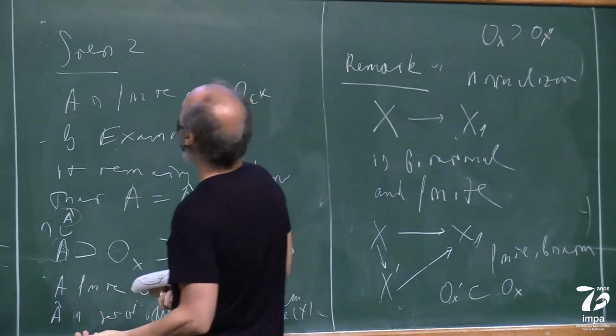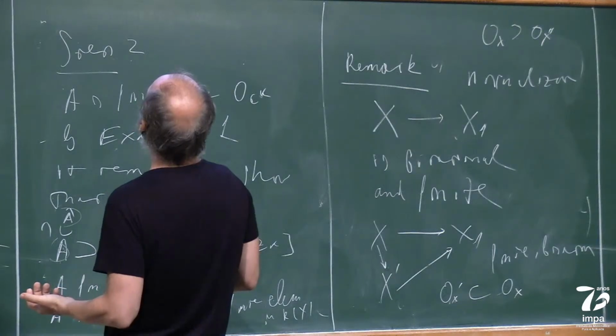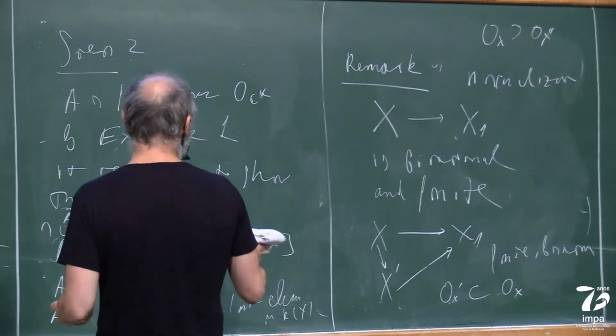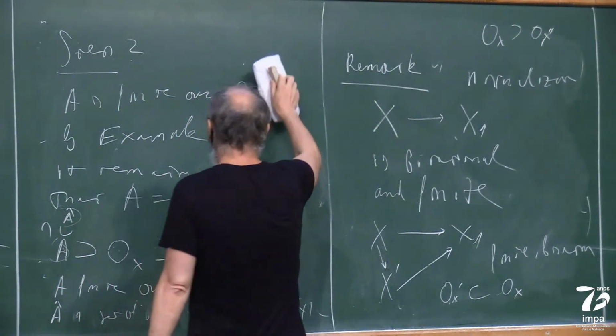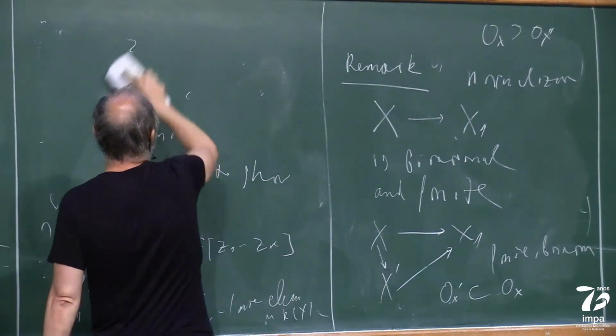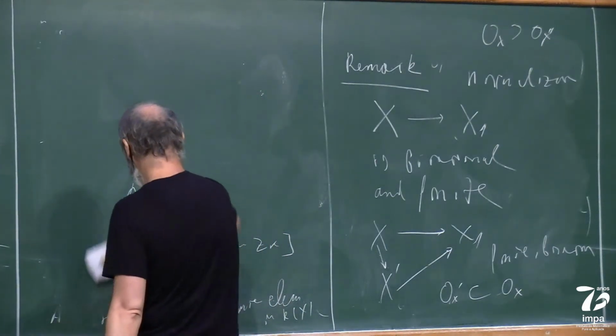Okay, so this gives you a sort of functorial property of normalization. Let me do it slightly more formally.